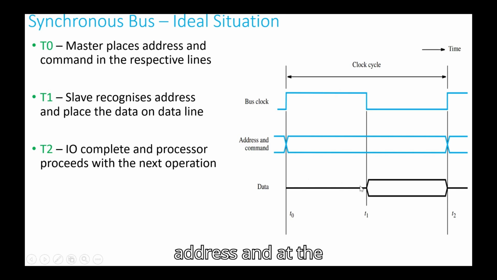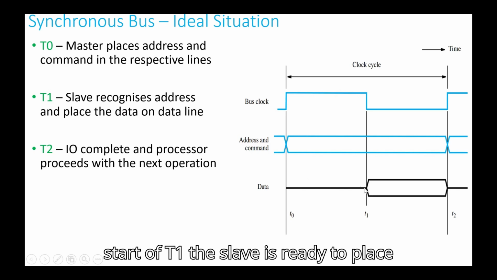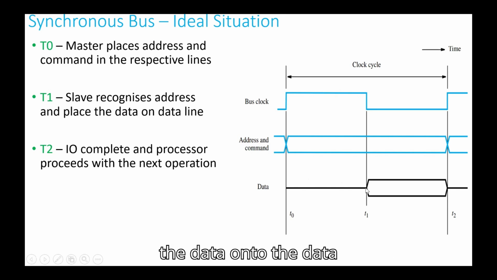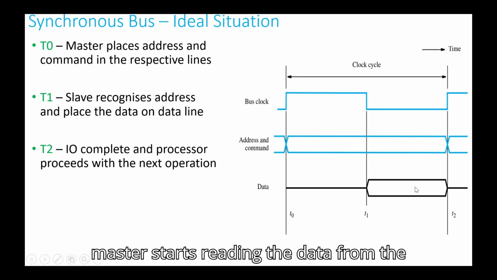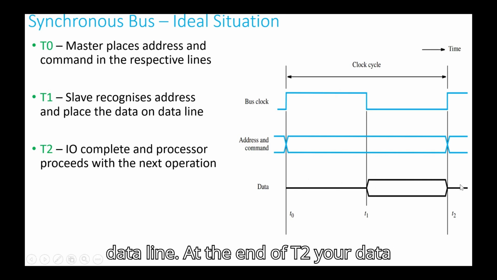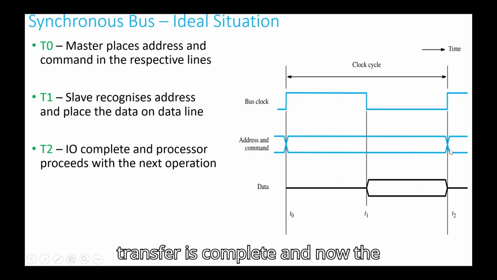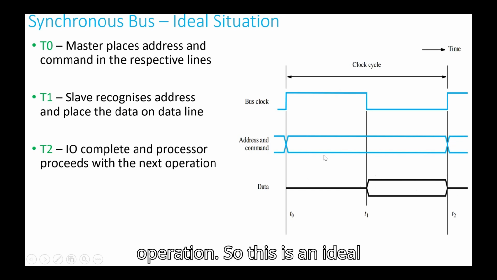At the start of T1, the slave is ready to place the data onto the data line. So at T1, the data is placed on the data line and the master starts reading the data from the data line. At the end of T2, your data transfer is complete and now the processor can start with the next operation. This is an ideal situation: the data transfer starts at T0 and ends exactly at T2.